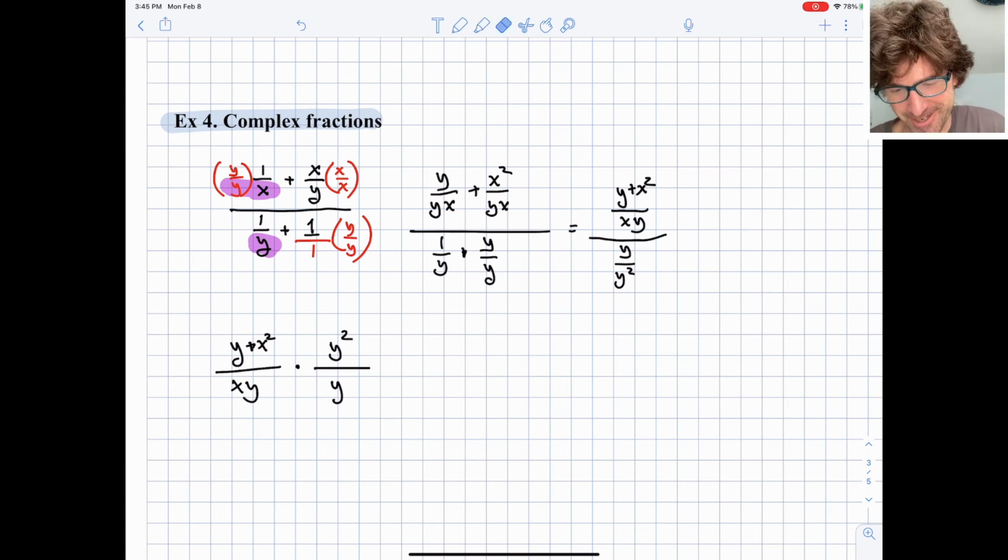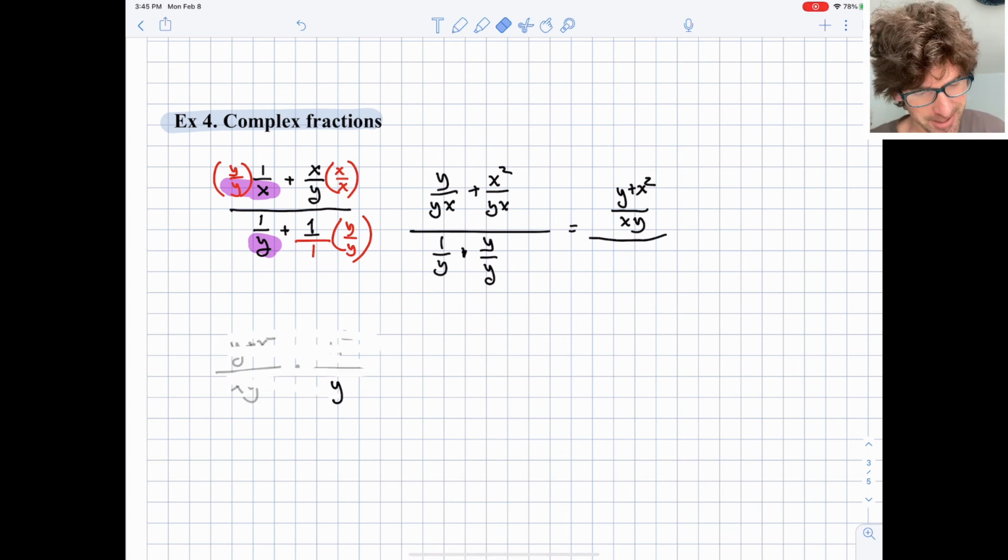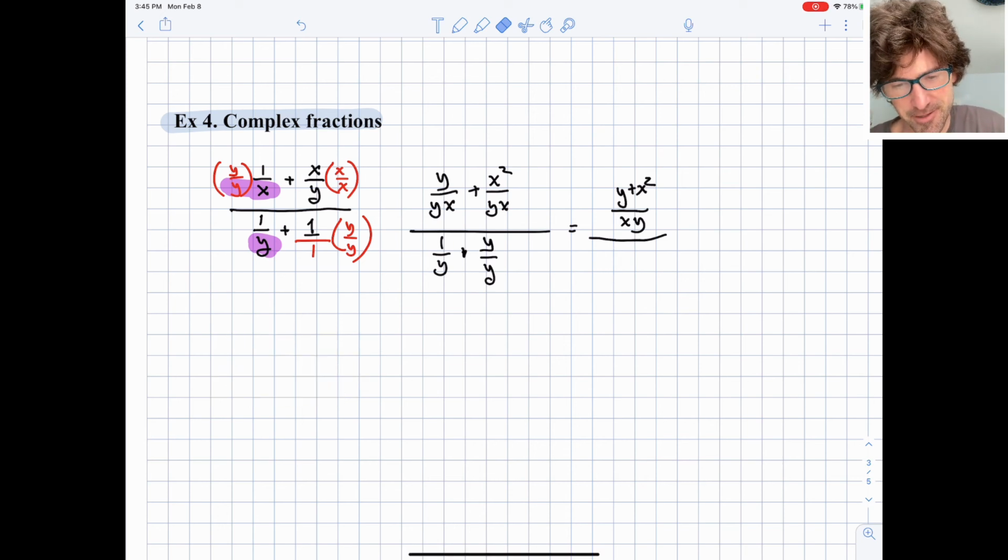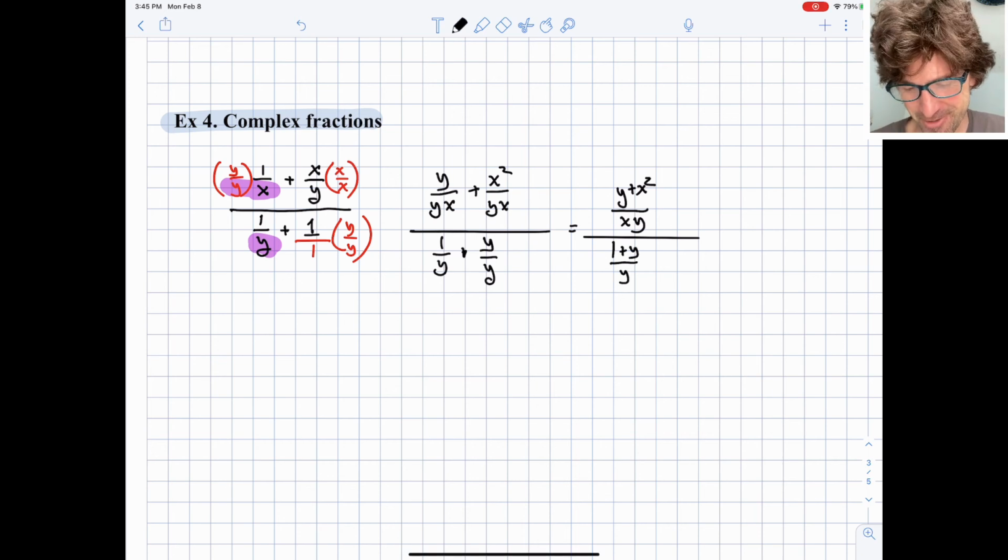Wow, that's a big mistake on the bottom. I'm going to start over, and just remember that it's okay that we make mistakes. We want to try to learn from them and fix them. So I think the numerator of my fraction is fine. It's my denominator that was pretty far off. So this was 1 plus y over y. Wow, that was a big mistake I made, but it's no problem now.